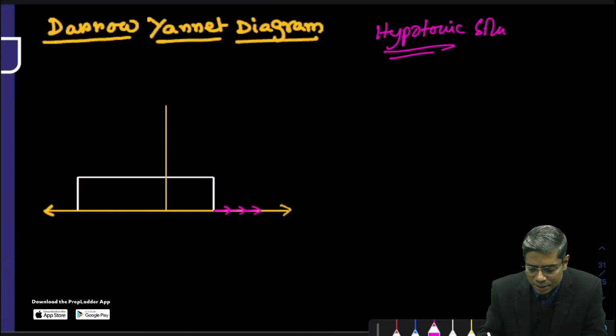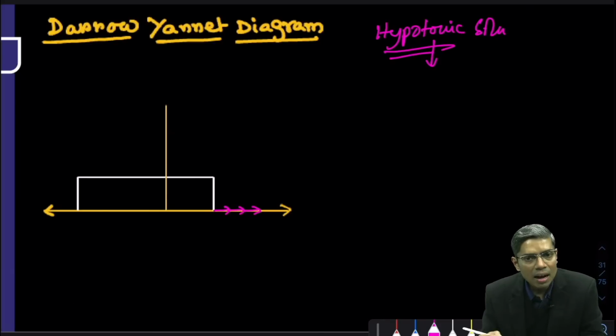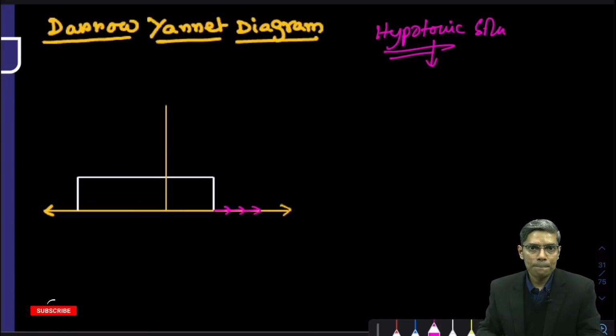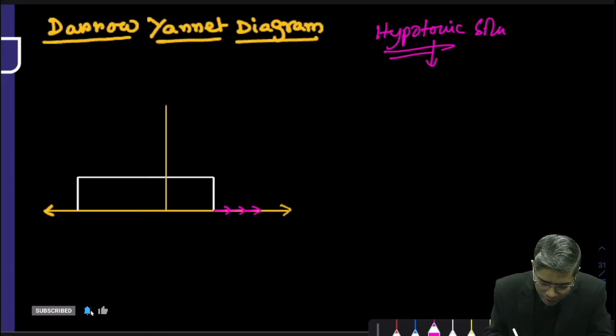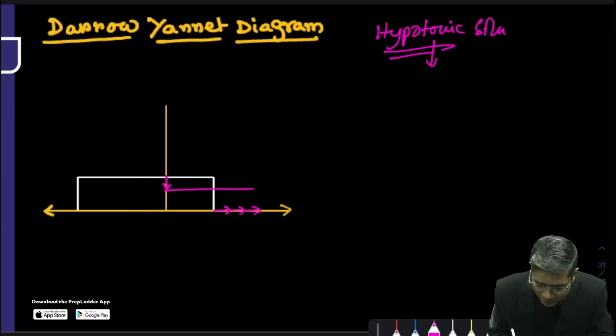But tell me, if you ingest a hypotonic solution, what will happen to the tonicity or osmolality of your ECF? There will be a decrease in the tonicity of the ECF, so this ECF will now look like this.